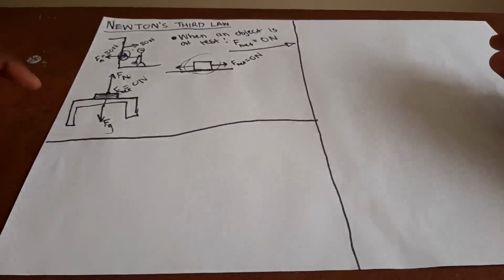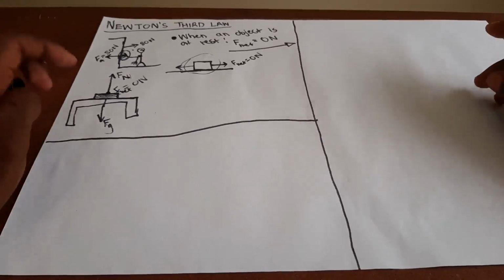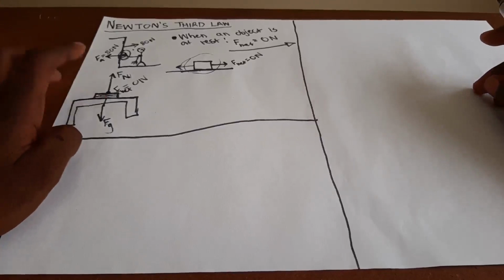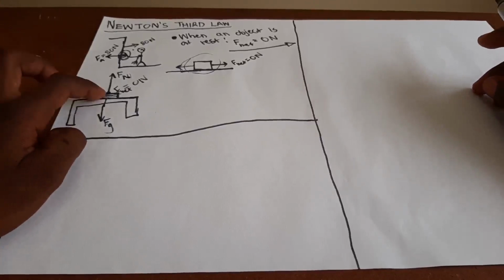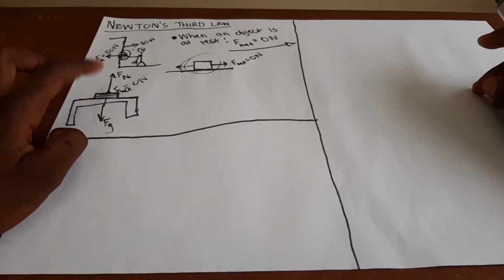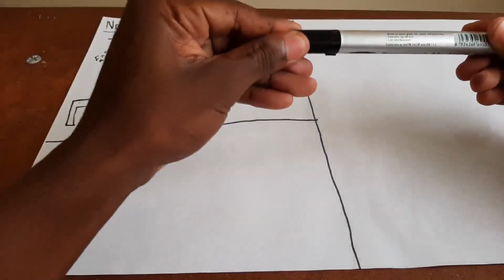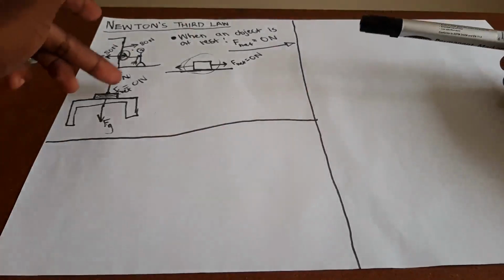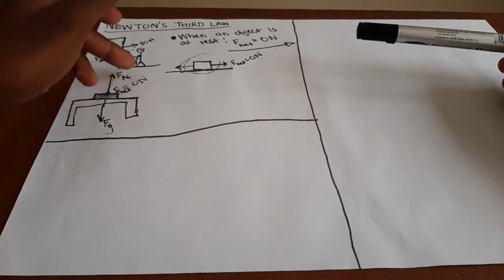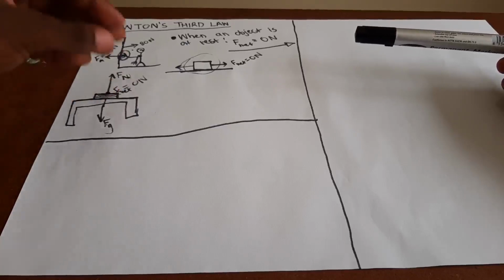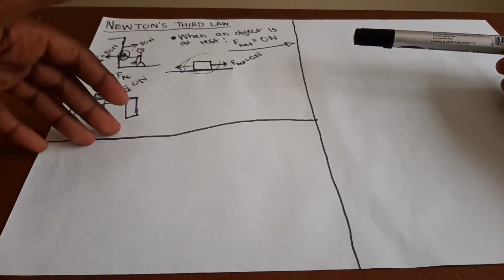I said the reason why this book is stable here is that the net force acting on this book is equal to 0 newtons. Mind you, the net force incorporates the normal force and the gravitational force.